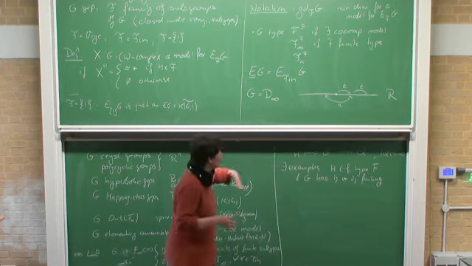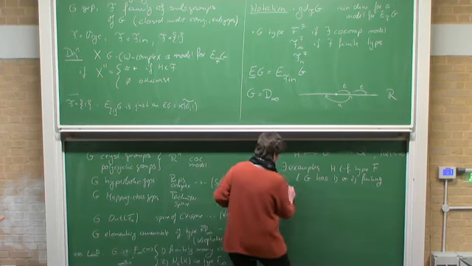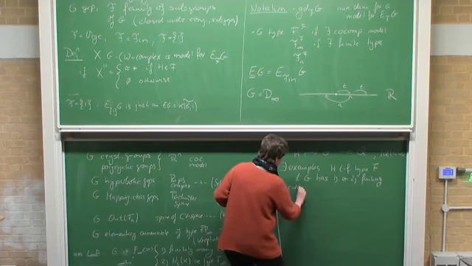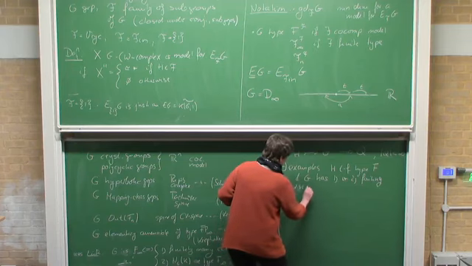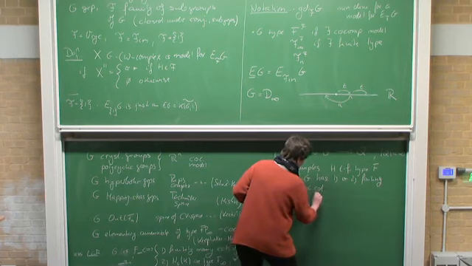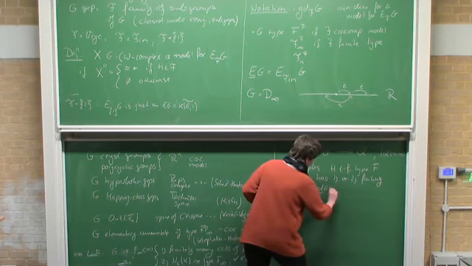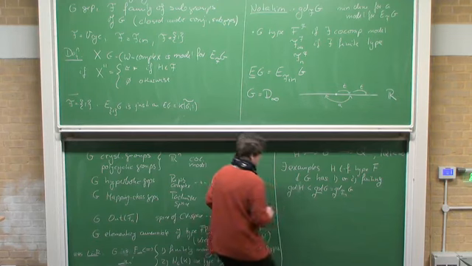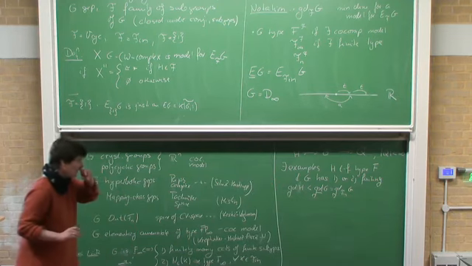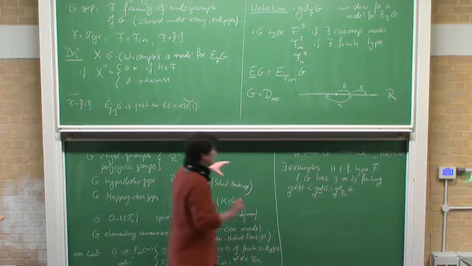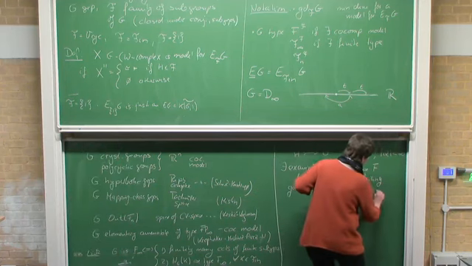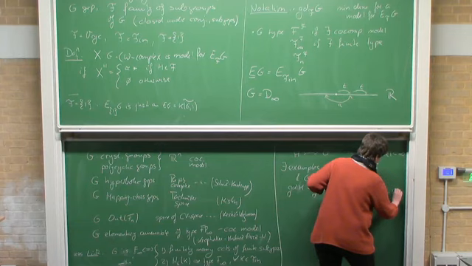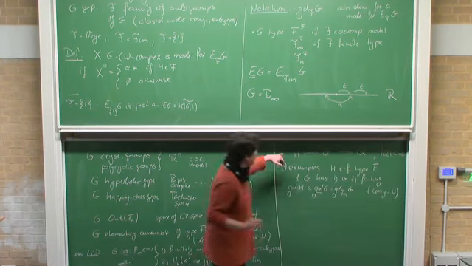And the dimension also goes up and down, so you have the cohomological dimension of G, which is strictly less than the geometric dimension for the family of finites.